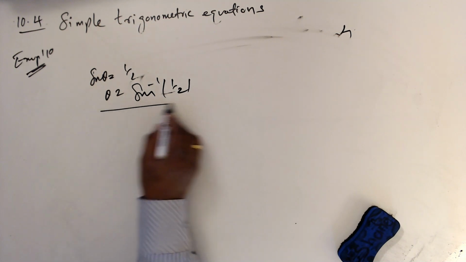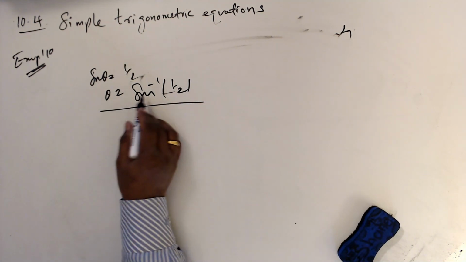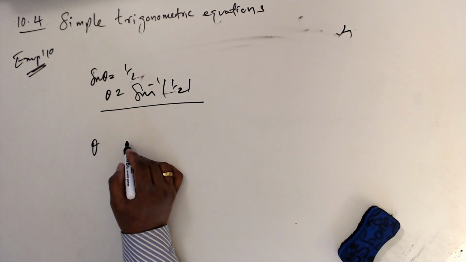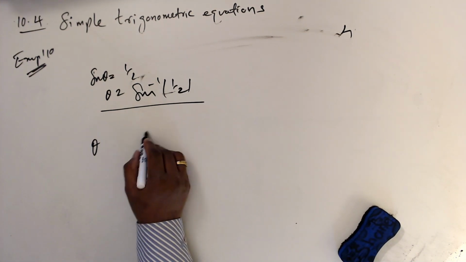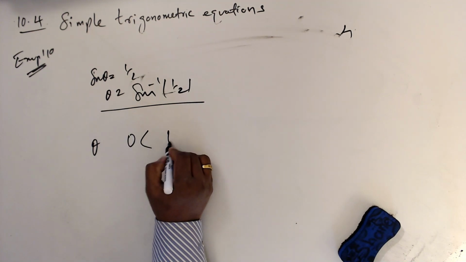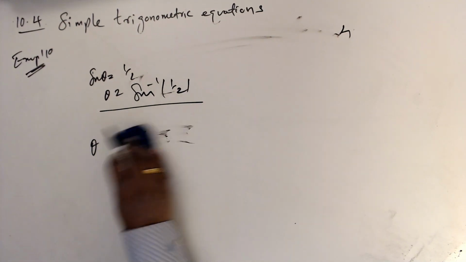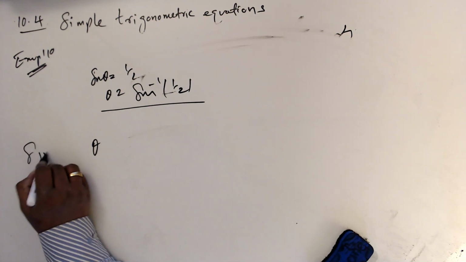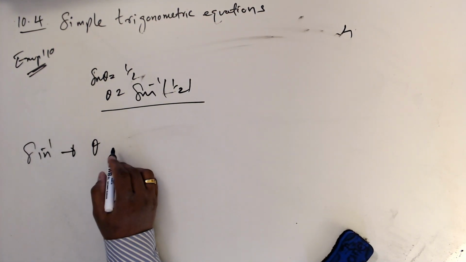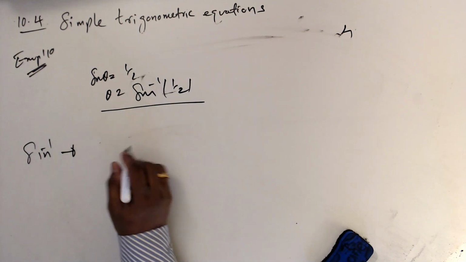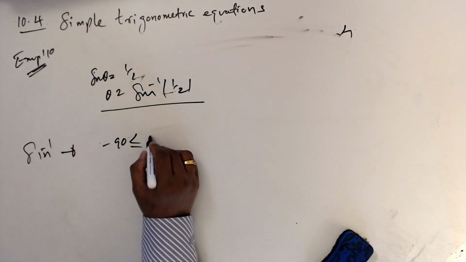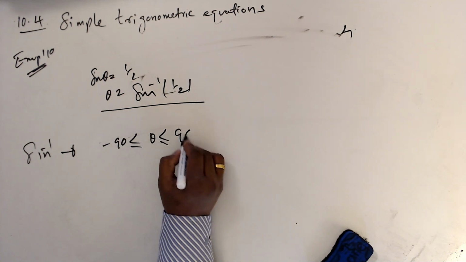Usually from the calculator, when you find theta for sine inverse, the theta range is minus 90 less than or equal to theta less than or equal to 90.